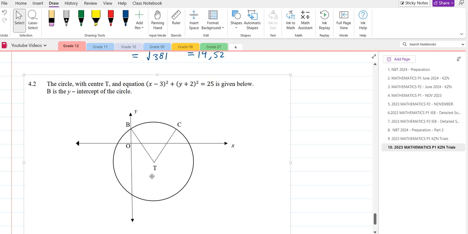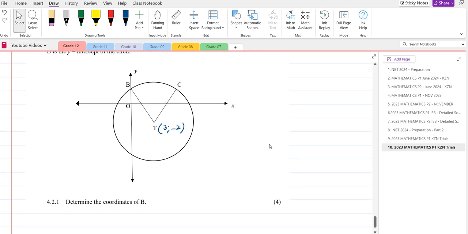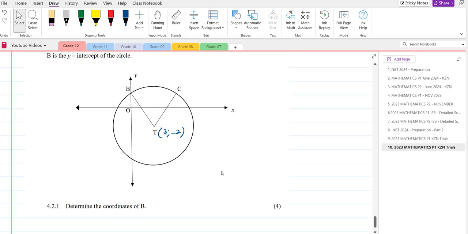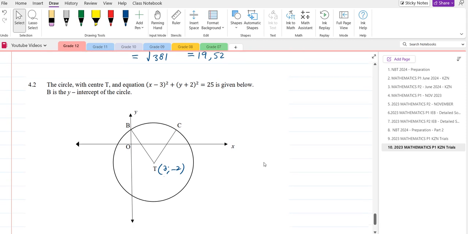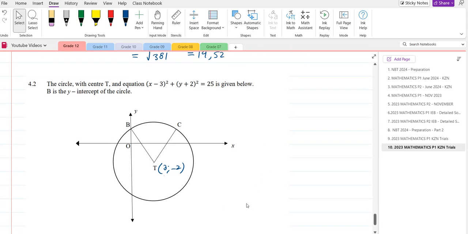So the center T will be 3 and -2. So let's write that down. You know this is 3 and -2, right? So 3 and -2. Determine the coordinates of B. The radius, nice question, 3 and -2.